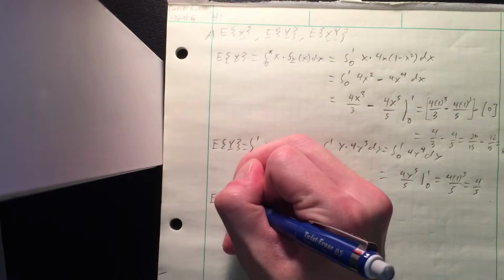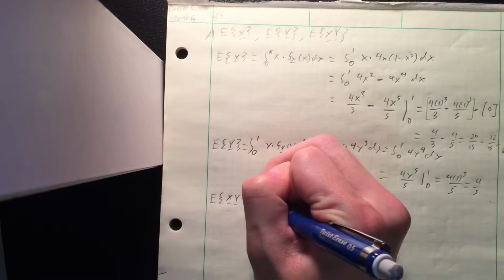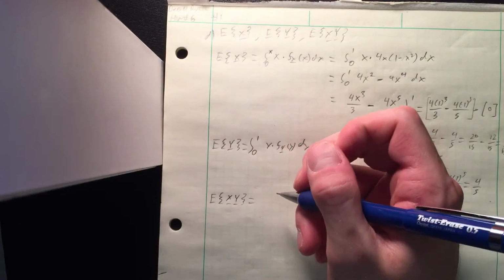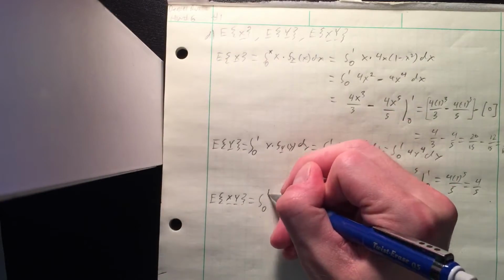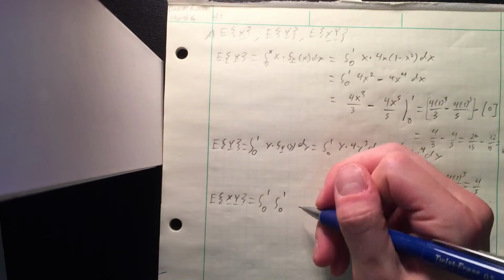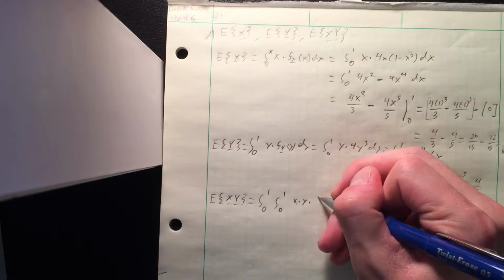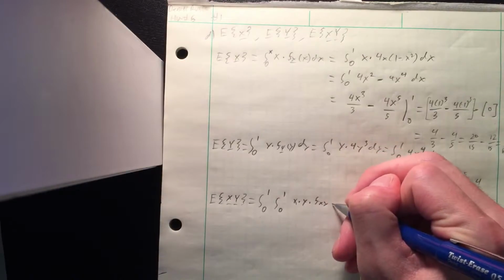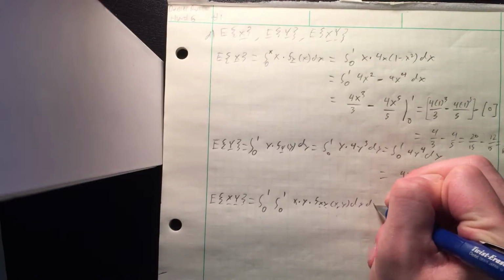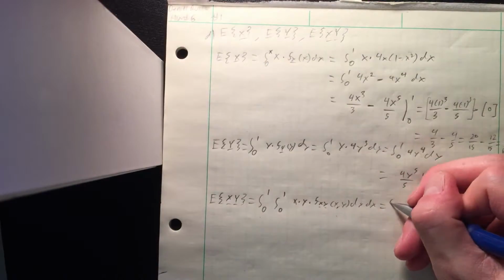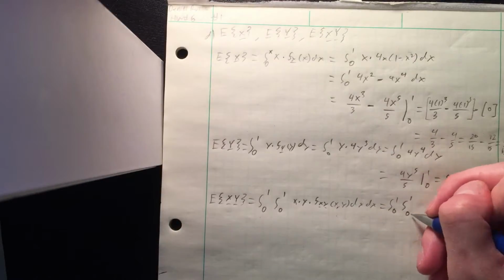Now the expected value of XY is going to be a double integral, integrating over those same boundaries again. X times y times f(x,y) dy dx, from 0 to 1, 0 to 1.